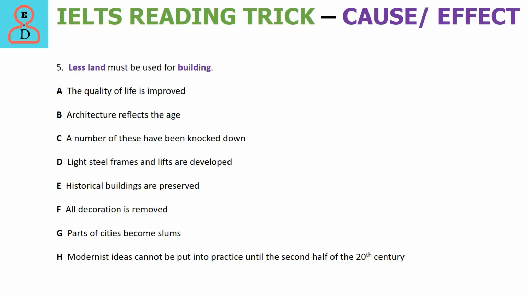The last cause or action is that less land must be used for buildings. Now, think logically: if we want to accommodate more people, but there is a condition that we have to use the minimum amount of land, then what kind of houses would we build?